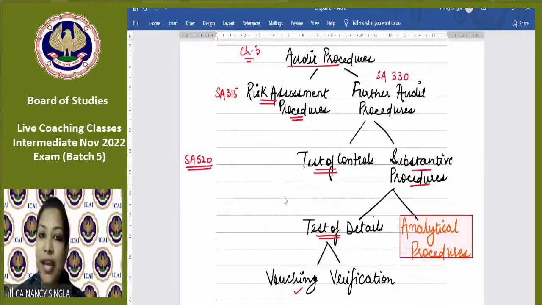SA 520 contains the responsibility of an auditor with respect to applying analytical procedures as an audit procedure: the scope, the objective, and various techniques that the auditor can apply. Many of you are correct, Gehani is saying, ma'am, SA 520 deals with analytical procedures.